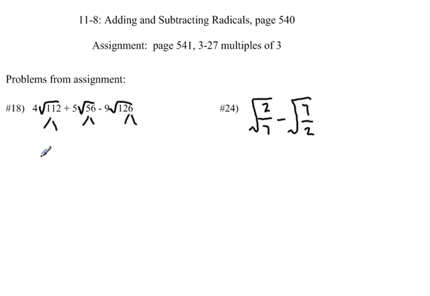When you do 112, I know 4 will go in there. Let's see what else will happen. 4 goes into 12 3 times, and it'll go into 112 28 times. 28 is 7 times 4. Now by that, I know I could have pulled a 16 out if I'd wanted to.